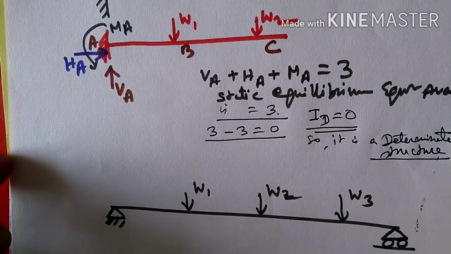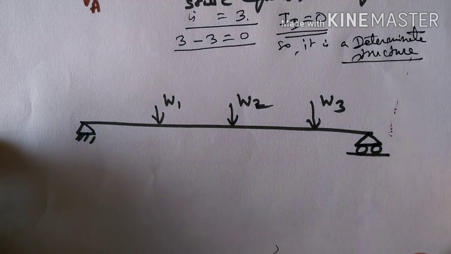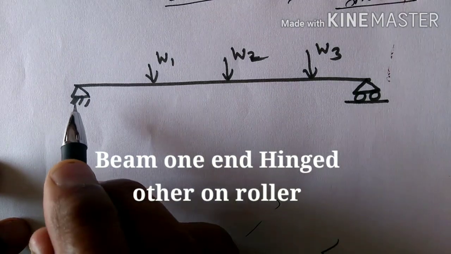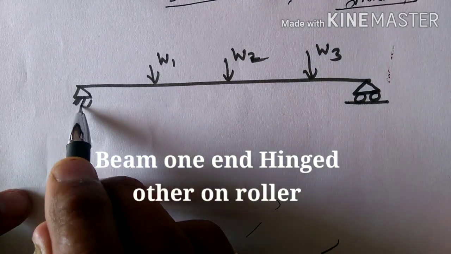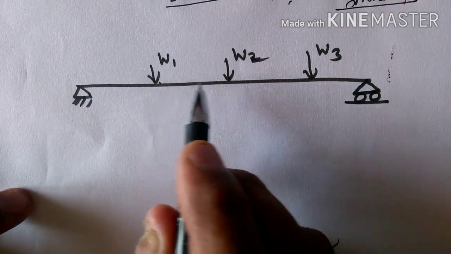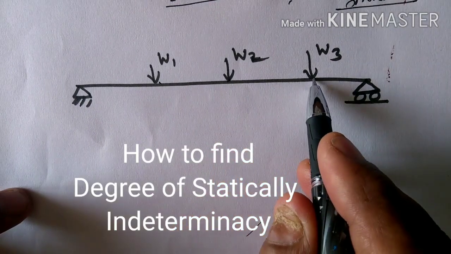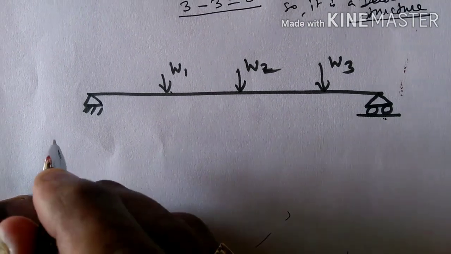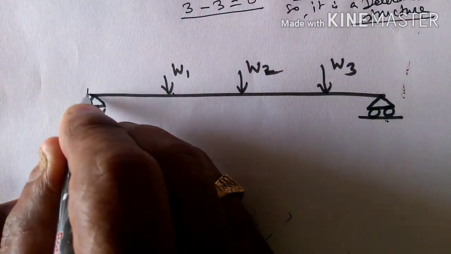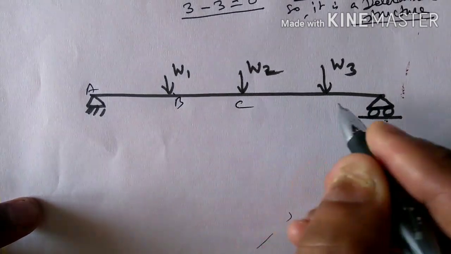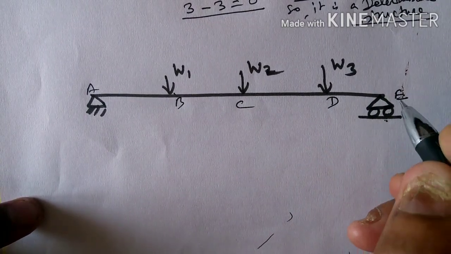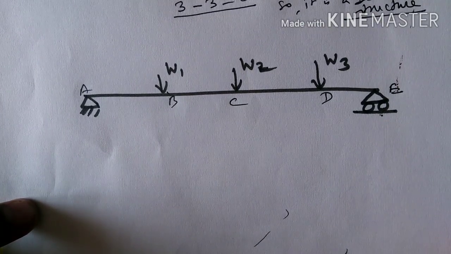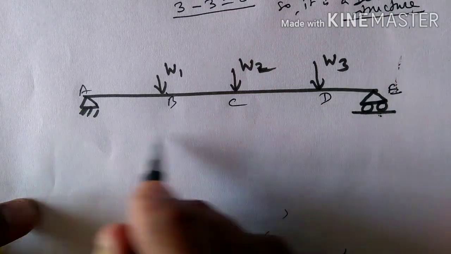Okay, next example is there. See please, this is your structure. This is the symbol of hinge support. The W1 load is here, one point load is here, and a third point load is here. And this second support is a roller support. So let us give, this is A, this is B, this is C, this is D, and this is E. Again, you have to draw the free body diagram depending upon given conditions.